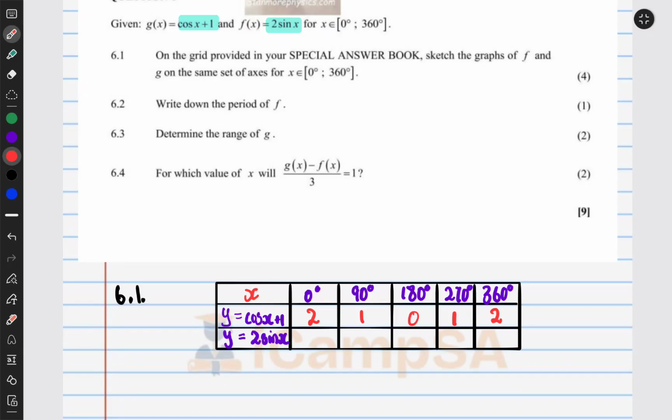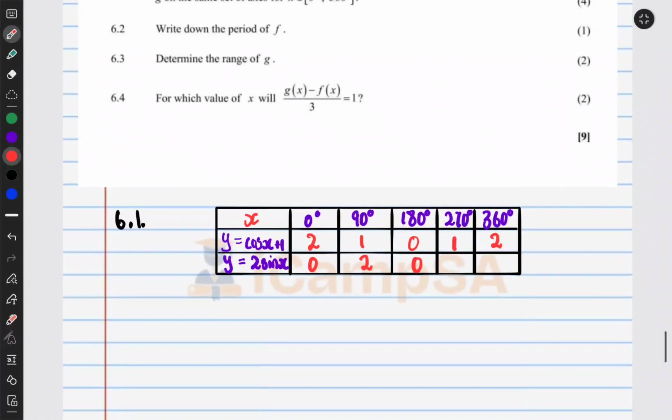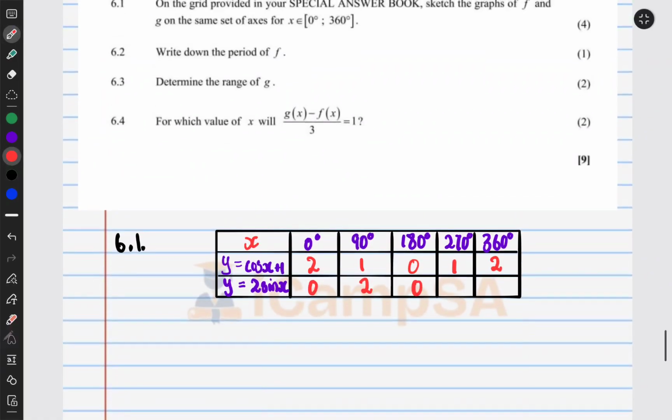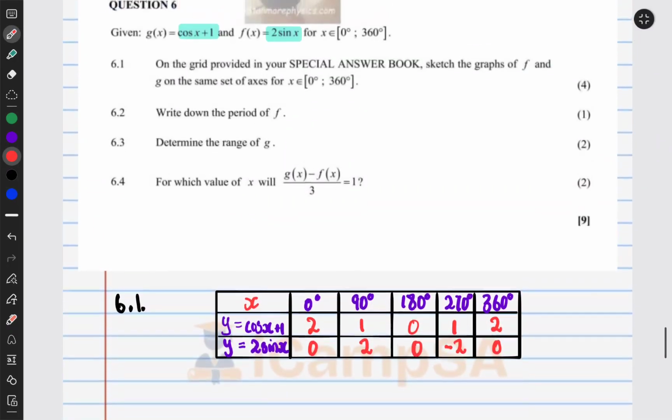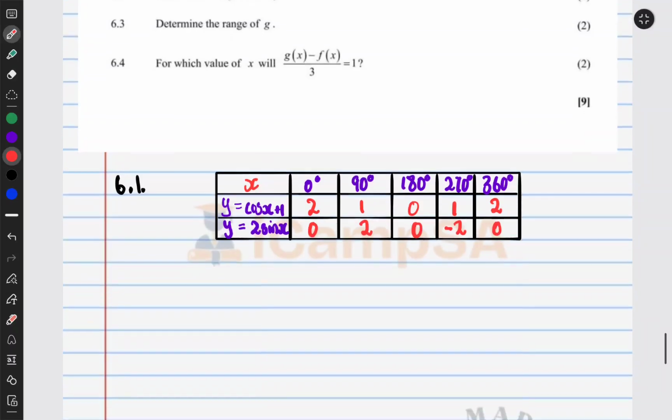So 2 sine 0, we get 0, and then 2 sine 90 is 2, 2 sine 180 is 0, 2 sine 270 is negative 2, and then 2 sine 360 is 0. Okay, we have those points. They should be enough for us to sketch these functions.